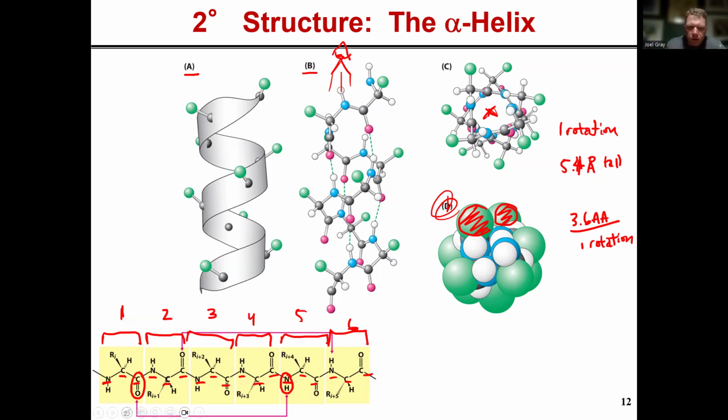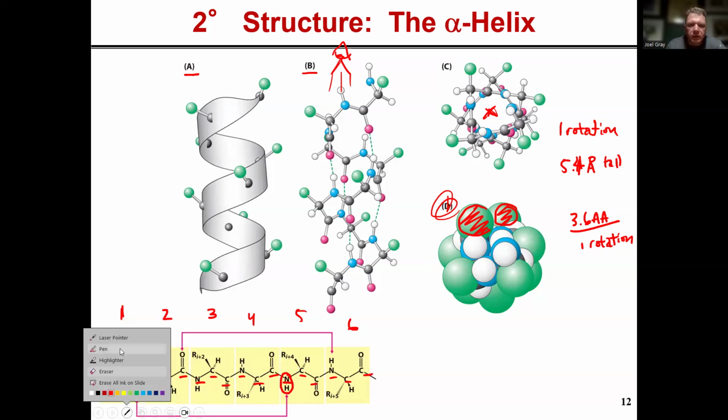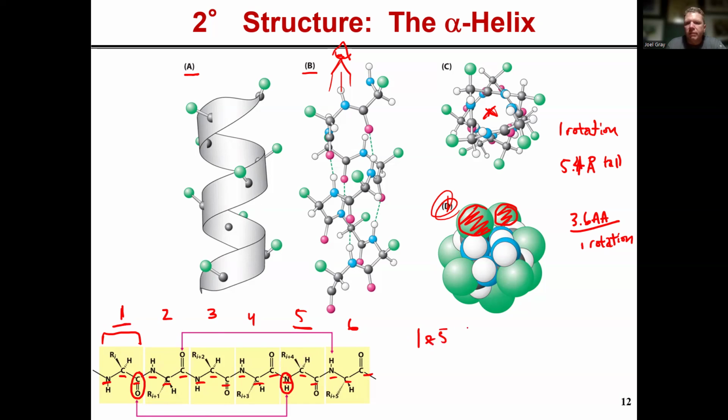Now, what is also illustrated here is that we have another hydrogen bond. So we can look at this and we can say, okay, well, the carbonyl group from amino acid number 1 forms a hydrogen bond with the amide from amino acid number 5. So 1 and 5 hydrogen bond.